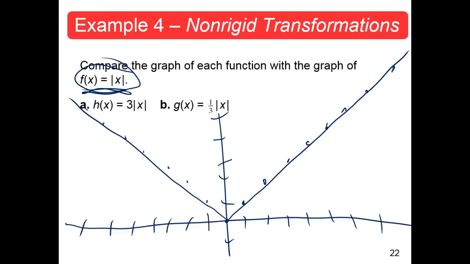h is going to be 3 times absolute value of x. What are you doing? For every y value for f, you're multiplying by 3. So 0 times 3 is 0. This one, the y was 1. 1 times 3 is 3. Same x.